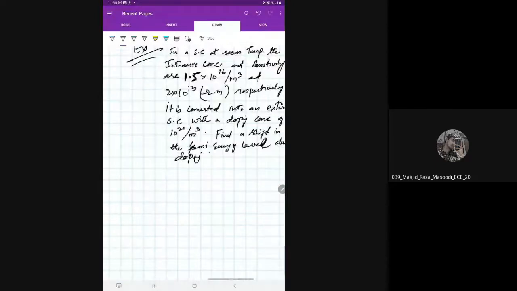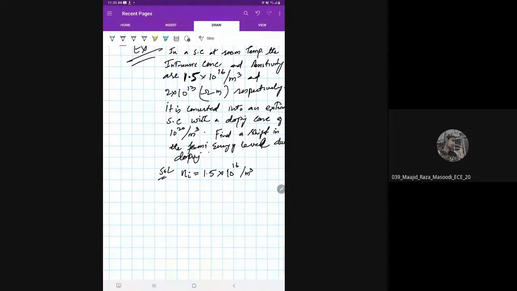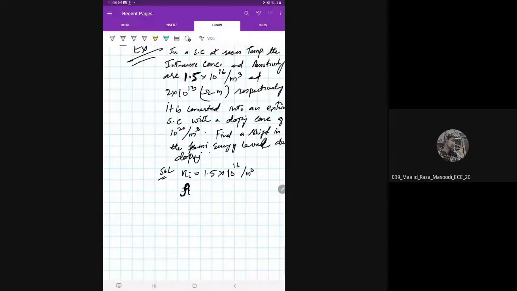So what is given in this question? First of all, ni is given. It is 1.5 into 10 to the power 16 per meter cube. Then sigma i is also given.